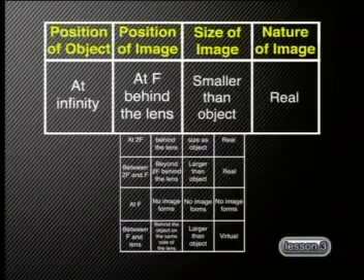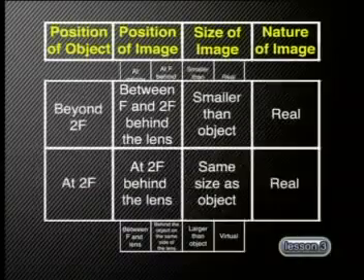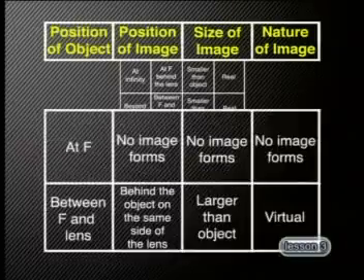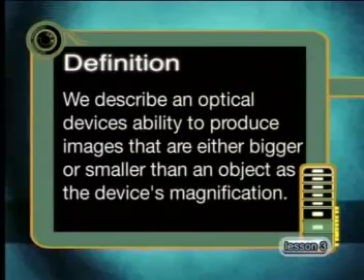Now that we have a very good idea of where images form when we use convex lenses and what the properties of these images are, there's something else I want us to think about. Notice that some of the images formed by a convex lens are enlarged, while other images are diminished. We describe an optical device's ability to produce images that are either bigger or smaller than an object as the device's magnification.